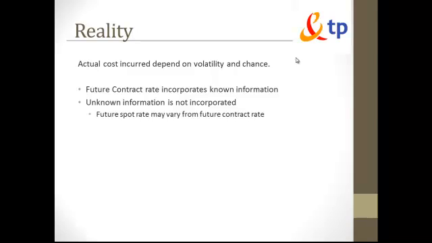Let's take, for example, some natural disaster happens that's detrimental to Japan's economy or something. This is going to affect the exchange rate in a way that the market hasn't currently predicted. So in this way, the future spot rate could be different than the future contract rate.